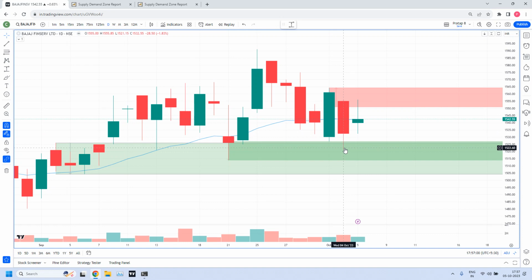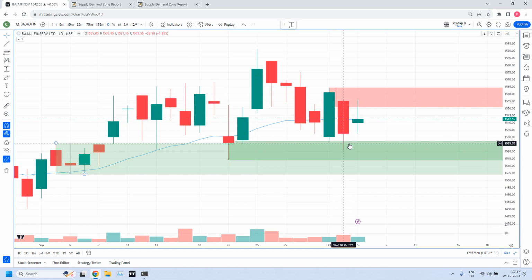Maybe you can keep price triggers in TradingView or some other trading software. If price reaches the demand zone, the trigger will fire, or the alerts will tell you the price has entered the demand zone or supply zone.